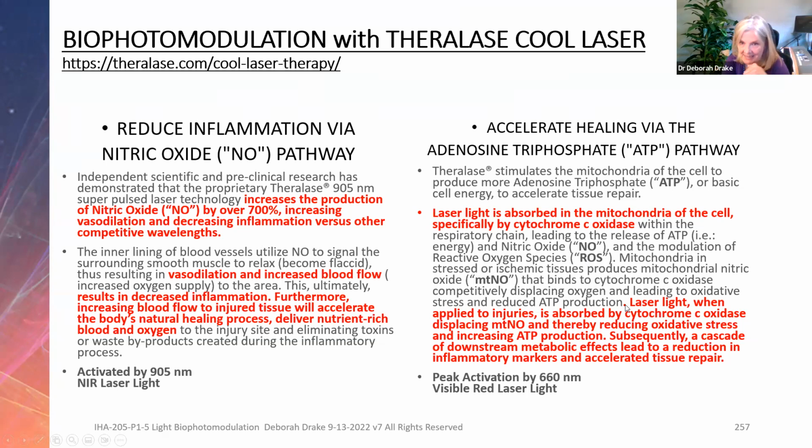When the laser light is added to these injuries, the cytochrome C absorbs all the laser light, and then it displaces the mitochondrial nitric oxide, reducing the oxidative stress, therefore increasing ATP production. And this whole cascade of positive metabolic effects occurs.